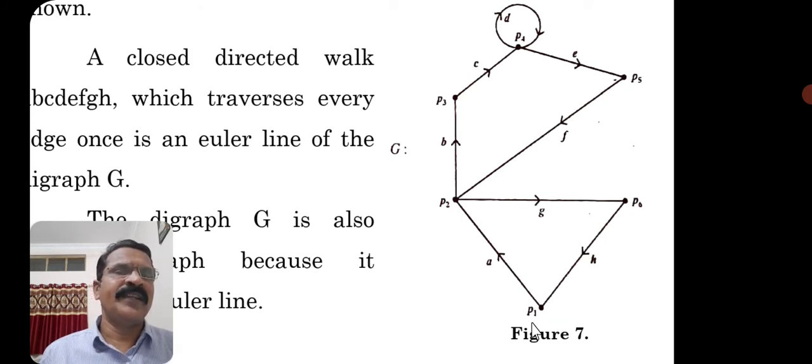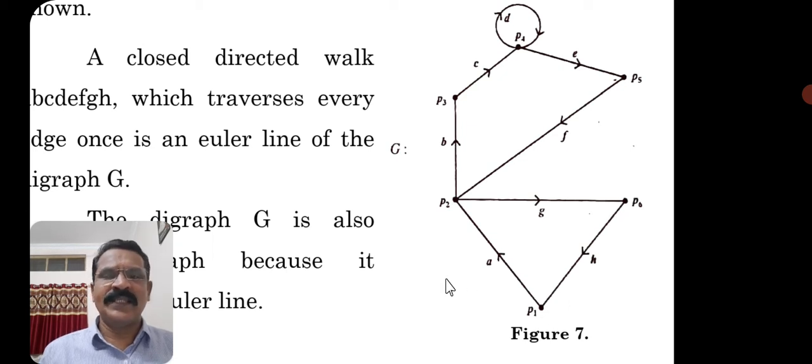So we have reached the point P1. So this is the closed walk. Let me once again repeat. We have started at P1. So P1 to P2 in the direction, this is the edge A. Next B, C, then one loop is there, D, E, F, G, H.